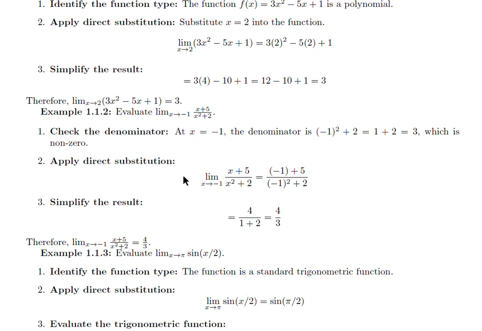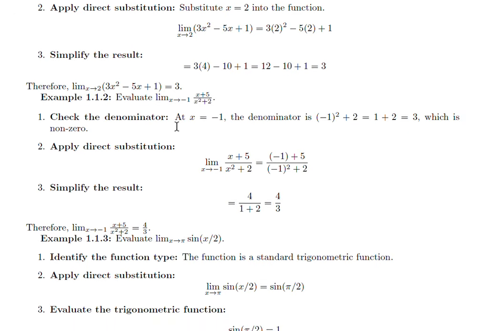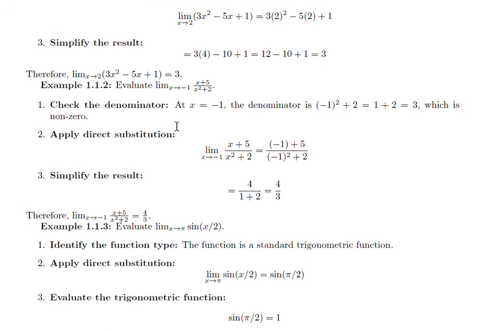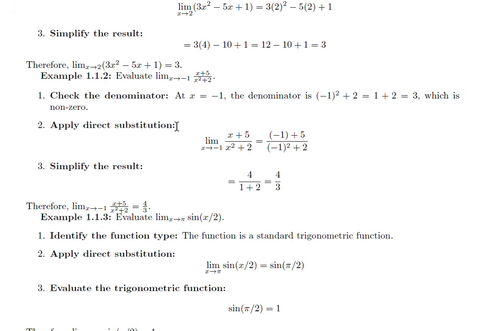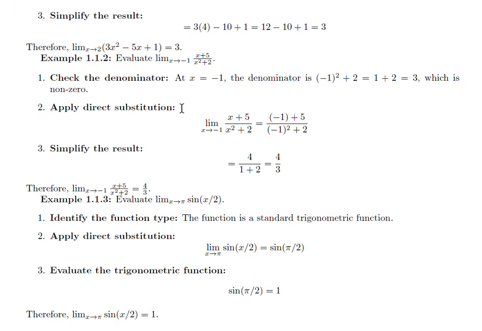This second problem is a case where the function is rational. That is, we have a numerator and a denominator. The function looks like a fraction, and the steps I told you remain the same. First of all, go by direct substitution.